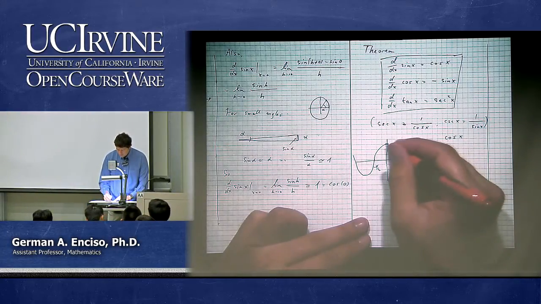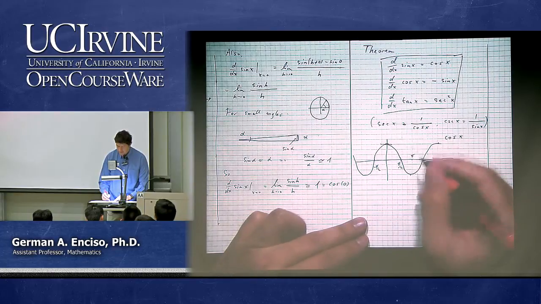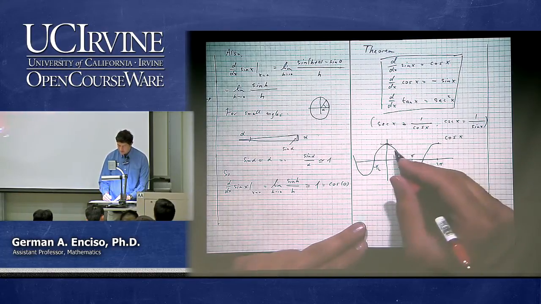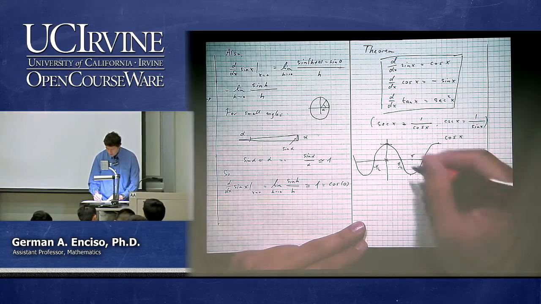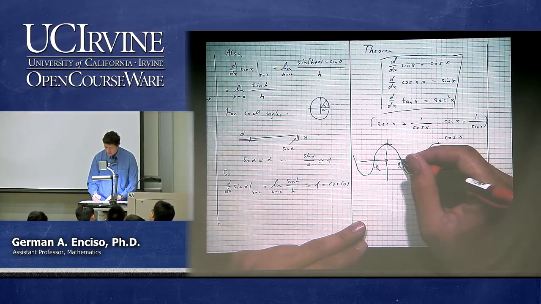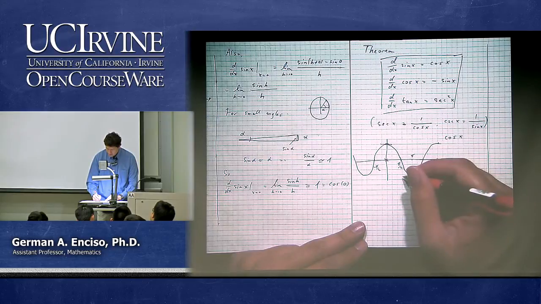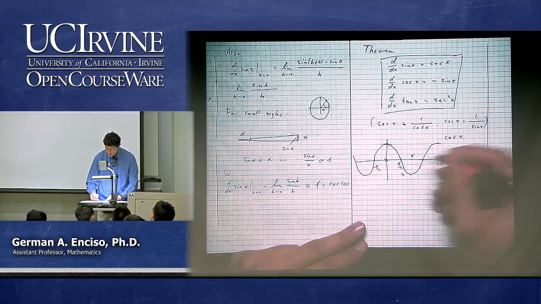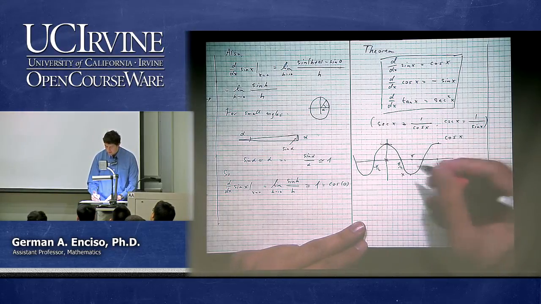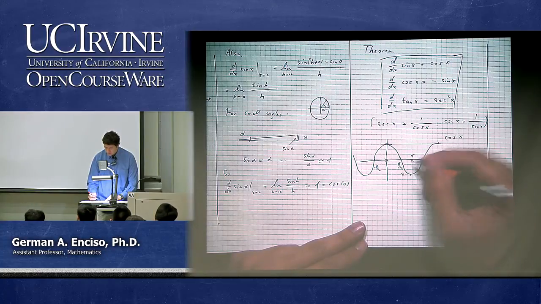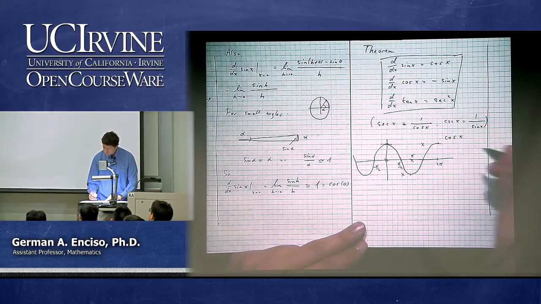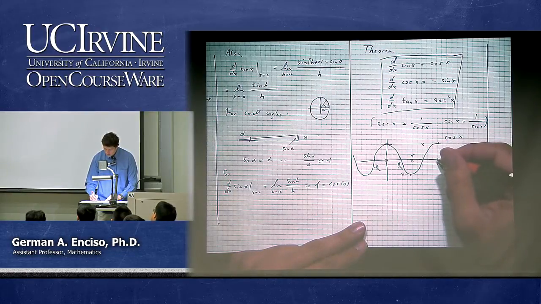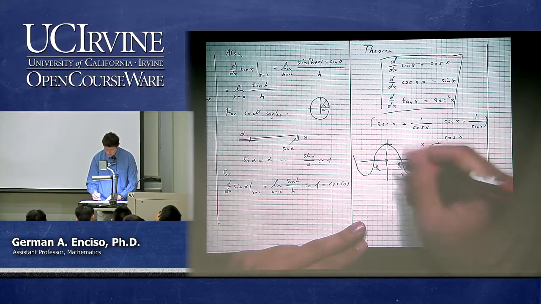So the derivative is flat, horizontal flat at 0. So we would expect that it has value 0 at 0. Over here, it seems to have a negative slope, so I'm going to write it as minus. Over here, we have a slope of 0, so the derivative should be something like 0. Over here, we also have a positive slope. Over here, it's 0 again, and so forth.